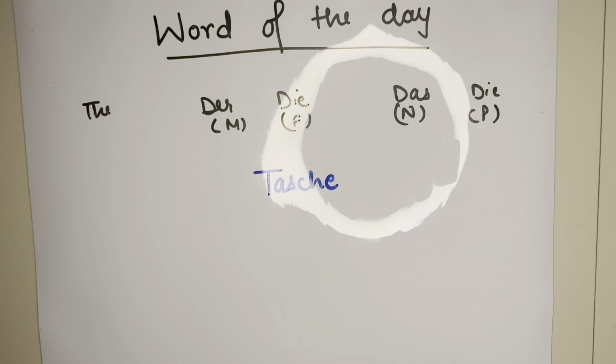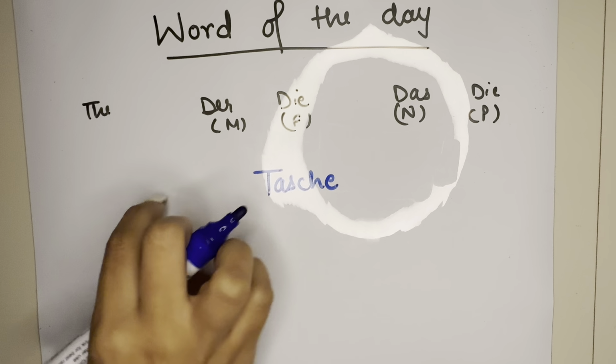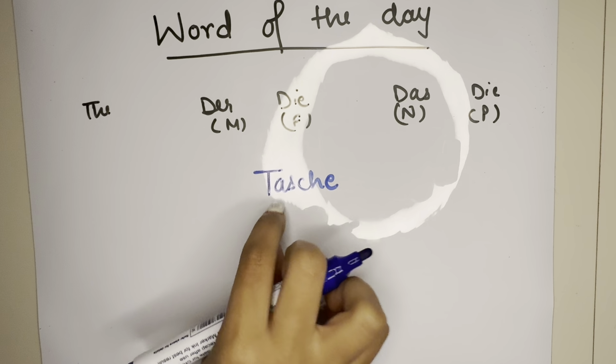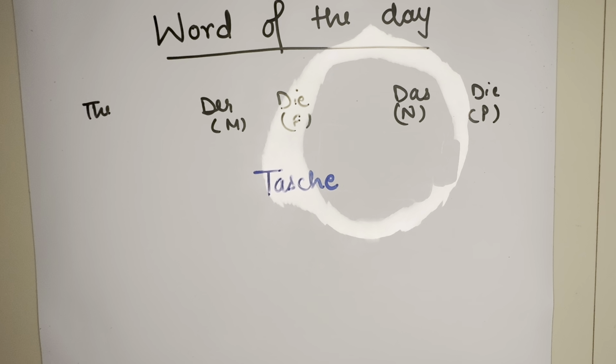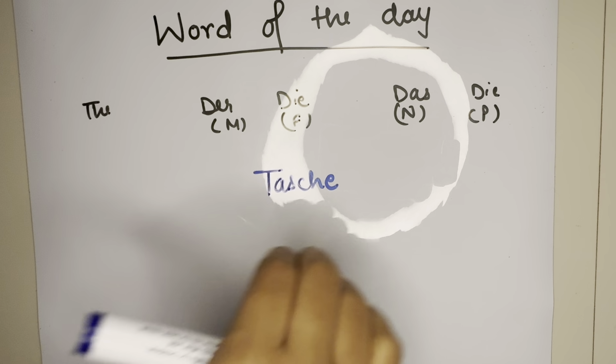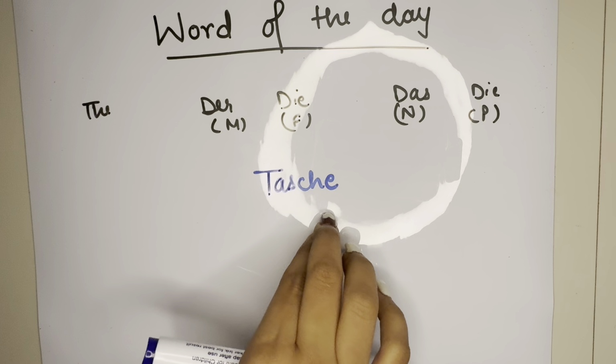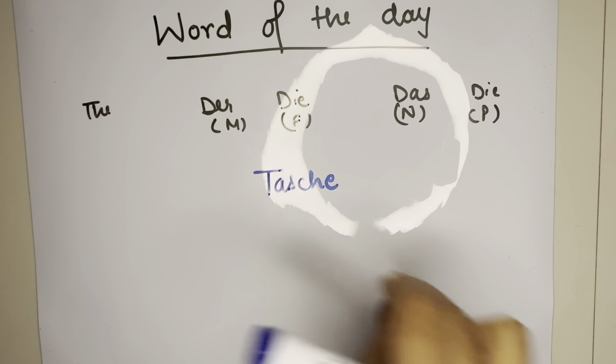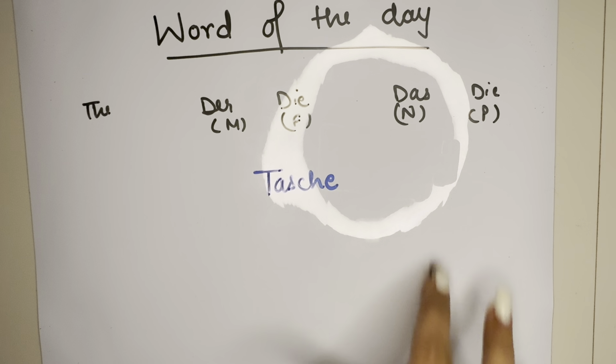As I mentioned in my previous video, learning the article behind the word is as important as learning the meaning of the word, because it is going to help you in the long run. The last word we learned was Tür, which means door, but what is the article behind it?